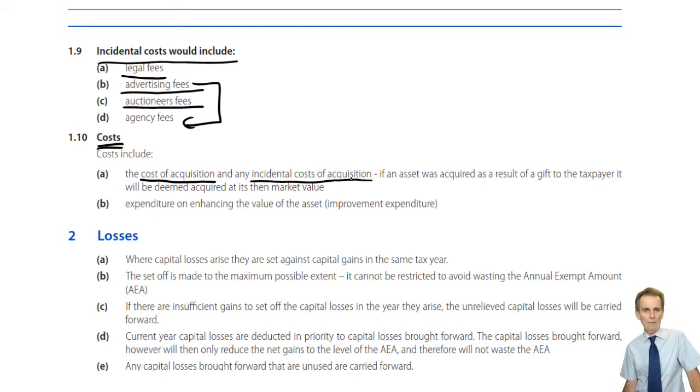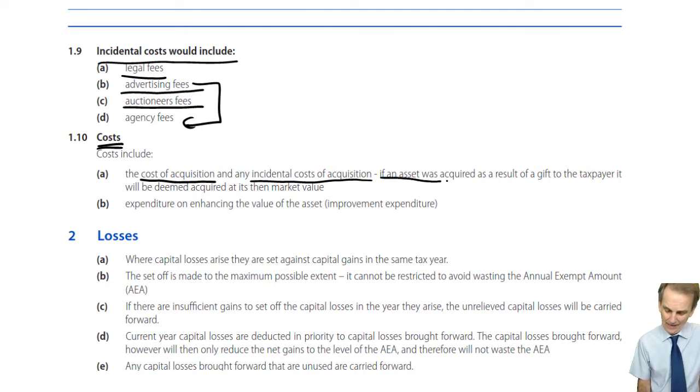Again, you bought a property. You incurred both the price of the property and also legal expenses thereon. If an asset, as we said, was acquired as a result of a gift to the taxpayer, it will be deemed acquired at its then market value.